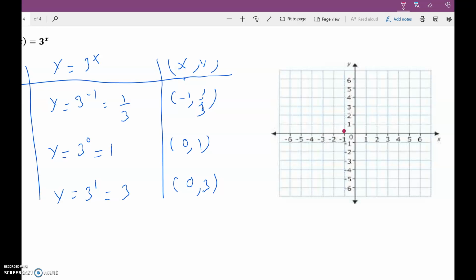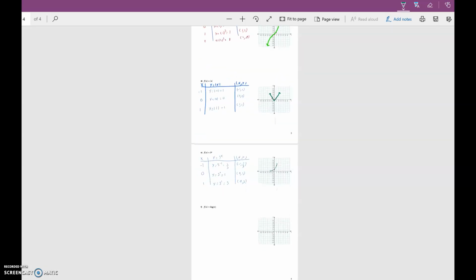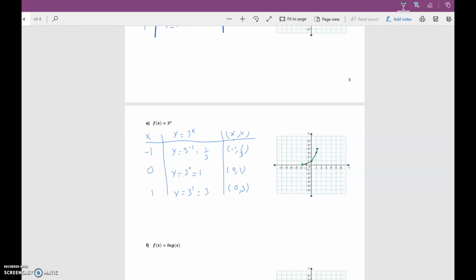At 0, you're looking at 1, and at 1, you're looking at 3. And then you can see the graph already showing up. This is your graph. Let me make it thinner. So our graph is going in this direction. All of these are actually curves. And that would be the 3 to the x.